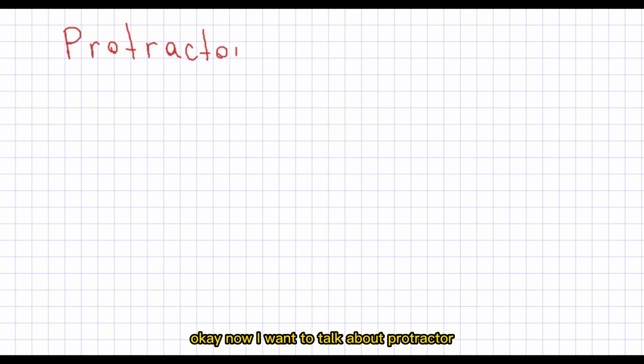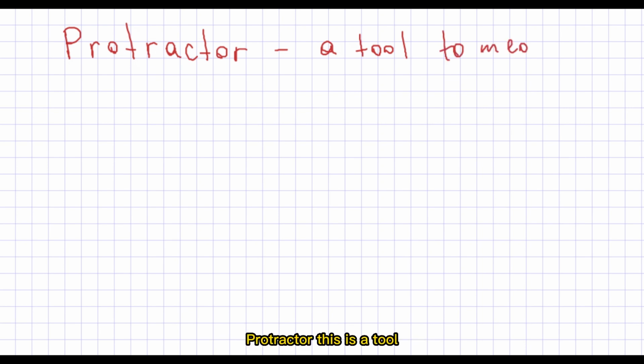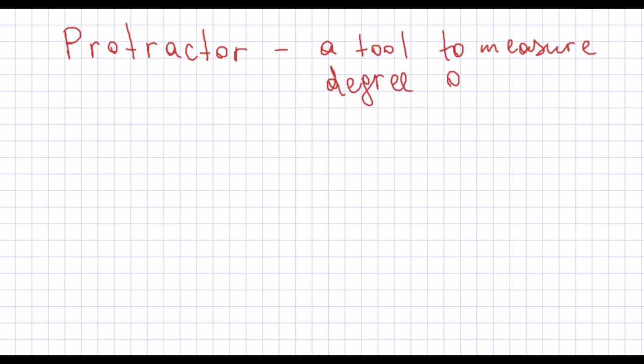Okay, now I want to talk about protractor. What is protractor? I will explain its aim, but in our next lesson, we will learn how to use protractor. Protractor, this is a tool to measure degree of angle.